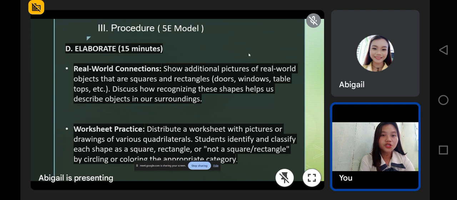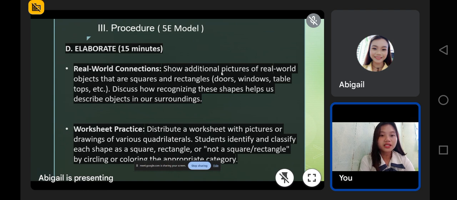In procedure 3, the elaborate, 15 minutes, the real world connections: show additional pictures of real world objects that are squares and rectangles, doors, windows, tables, etc. Discuss how recognizing these shapes helps us describe objects in our surroundings.